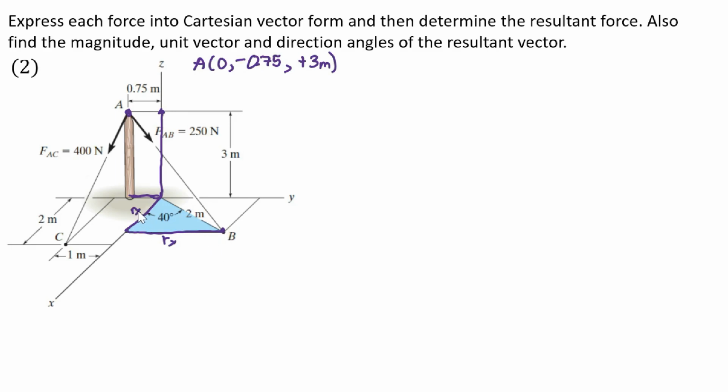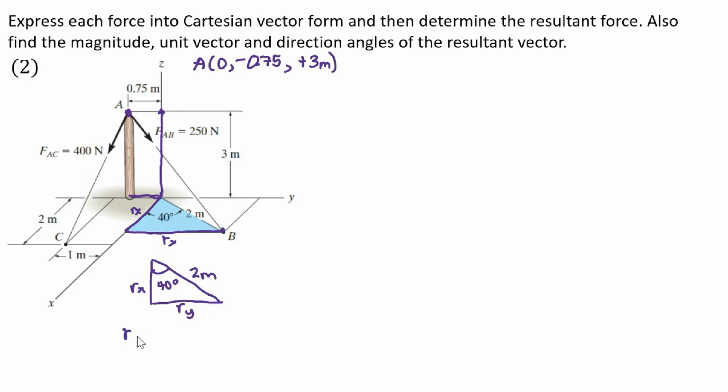So we will only get Rx and Ry. To get Rx and Ry, I have to draw the triangle first so that we can see it better. This one is 40 degrees. This is Rx, this is Ry, and this is 2 meters.